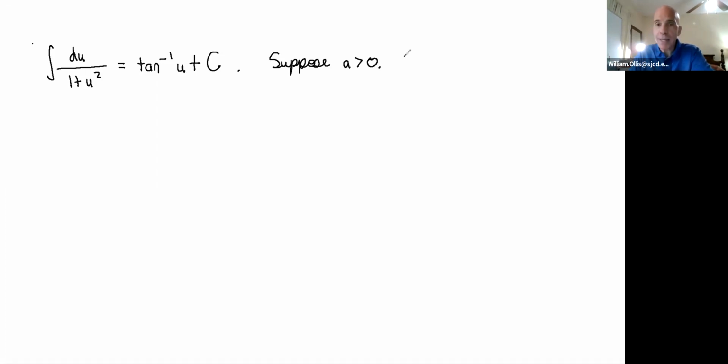So let's replace u with u over a. And so what we're going to do is operate on the left-hand side, and then if we have any stuff to multiply, we will, just like we did with the last one.